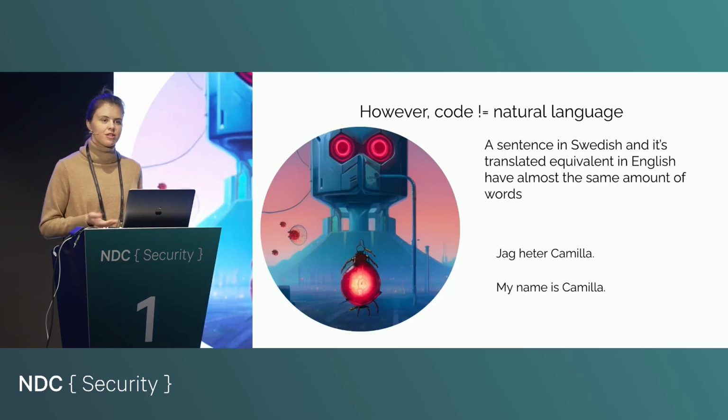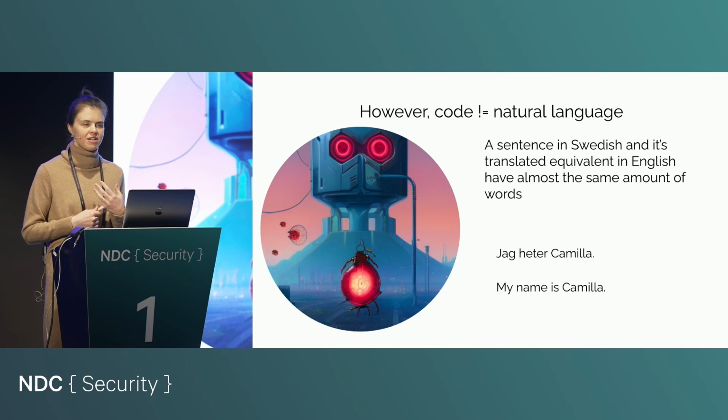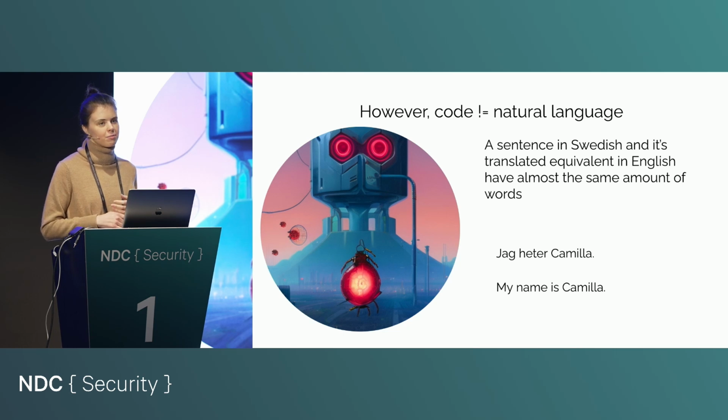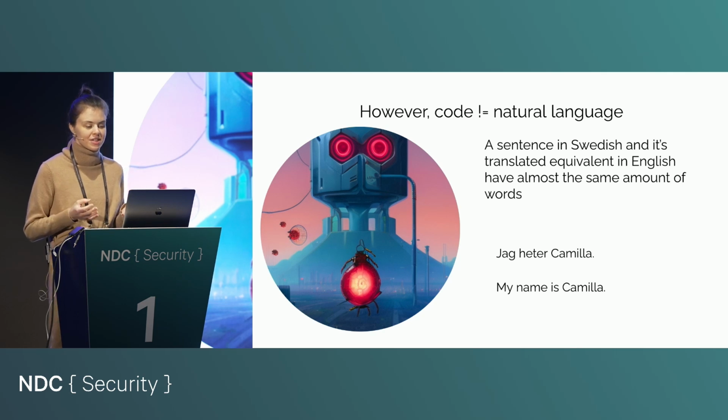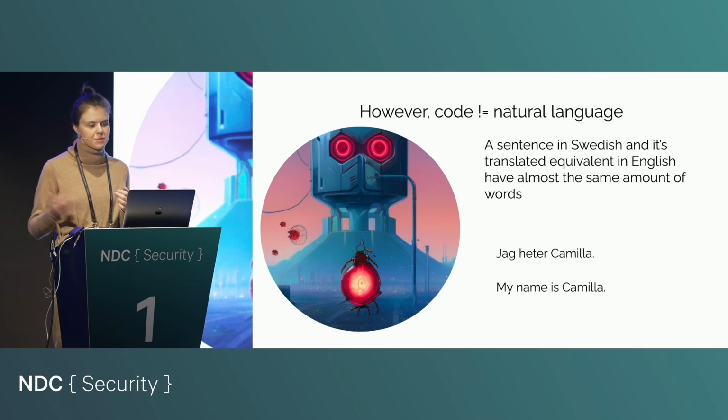However, we have to acknowledge one thing: when we say, okay, why can't we have a Google Translate that we know works perfectly for Finnish to Swedish, Finnish to Norwegian, Norwegian to Finnish, Swedish to English, why can't we have that for assembly and C? Well, one of the glaring things that should be staring at you at this point is that code is not natural language. And how can we quantify the extent to which code that humans write is different to the language that humans speak?